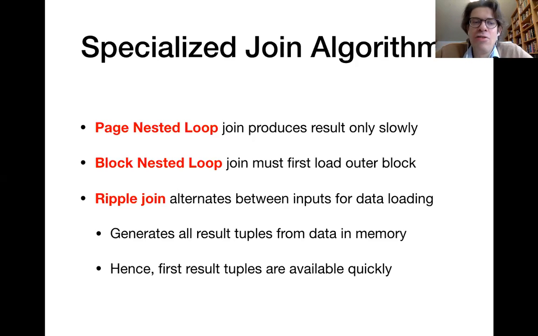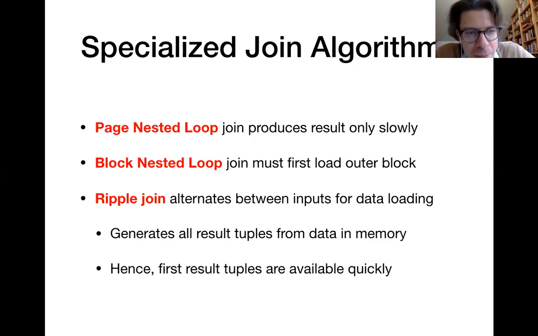On the other side, I could use a block nested loop join, but then I would have to spend some time to read the entire block in the outer relation already. And during that time, I cannot produce any result tuples yet. So there's also a little bit of overhead at the beginning until I can finally produce result tuples.